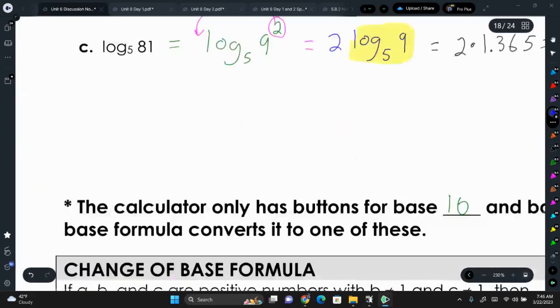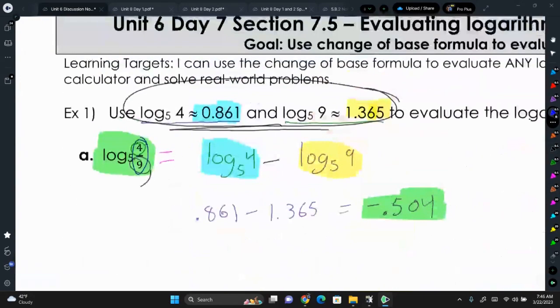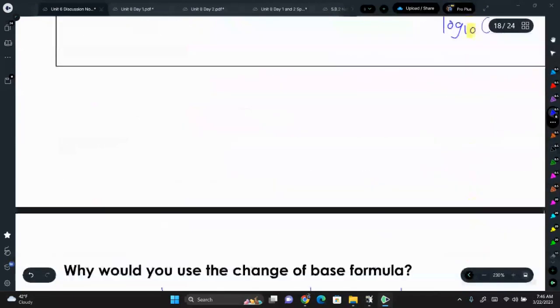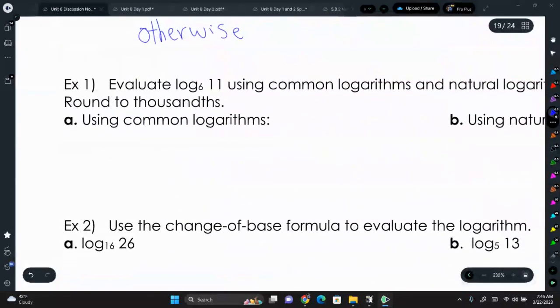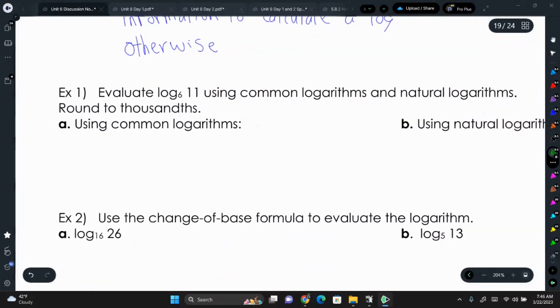So like in our first examples up here, we had enough information to calculate them otherwise, but down here with these examples, we don't have enough information.